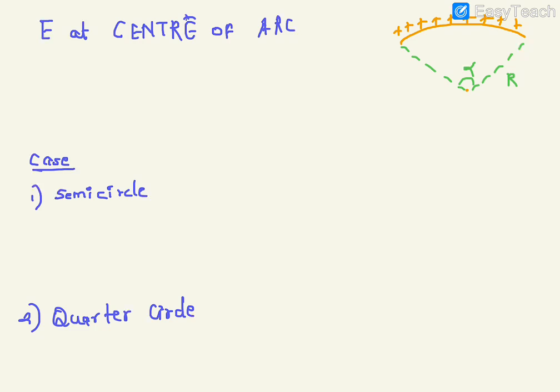This arc is a positive charge arc somewhere in space, with the radius as r, and alpha is the angle made by the two extremes of the arc. Now at the center you will find the electric field in this direction.